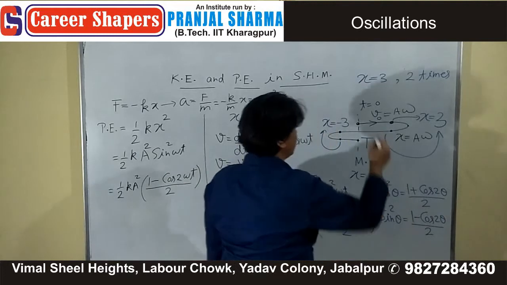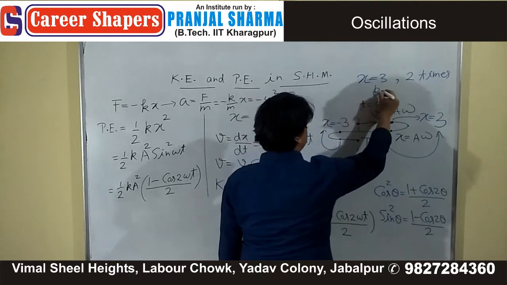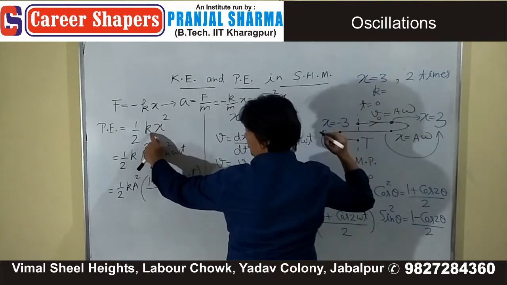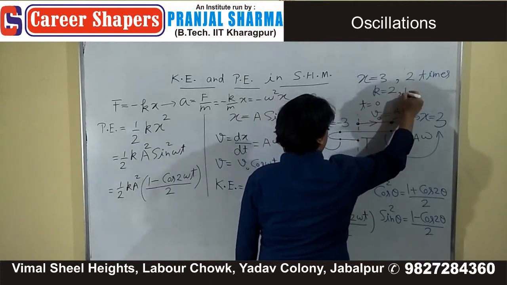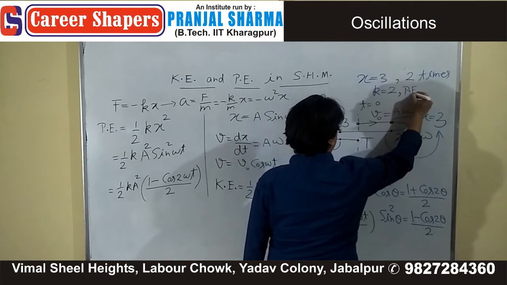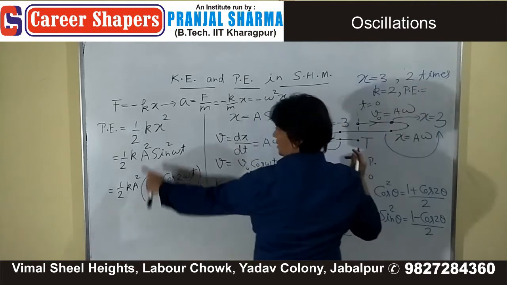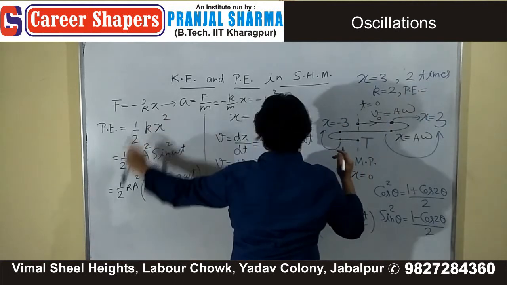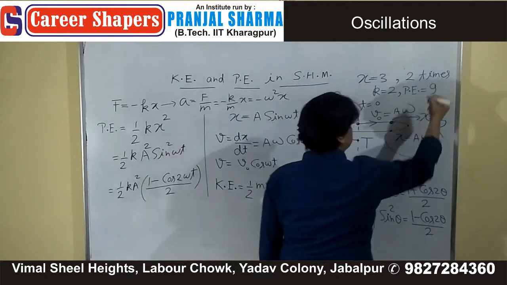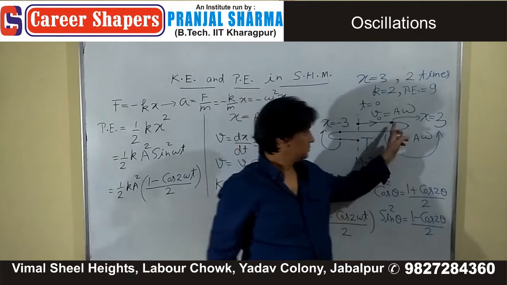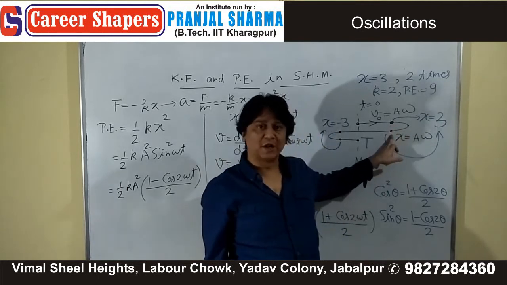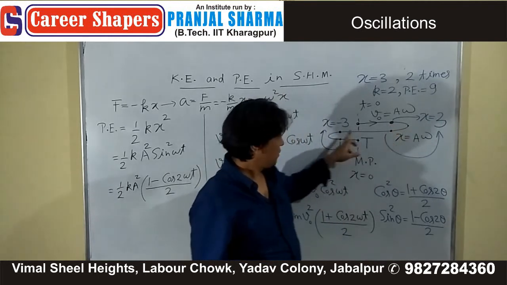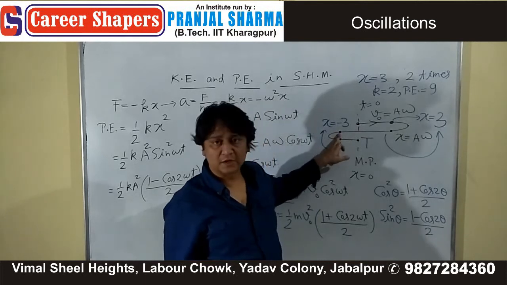Suppose we take k just for our understanding. Let's take the value of k as 2. If k is 2, potential energy is 2 x square, which is 9. Over here, what is the potential energy? 9. At this place? 9. At this place?